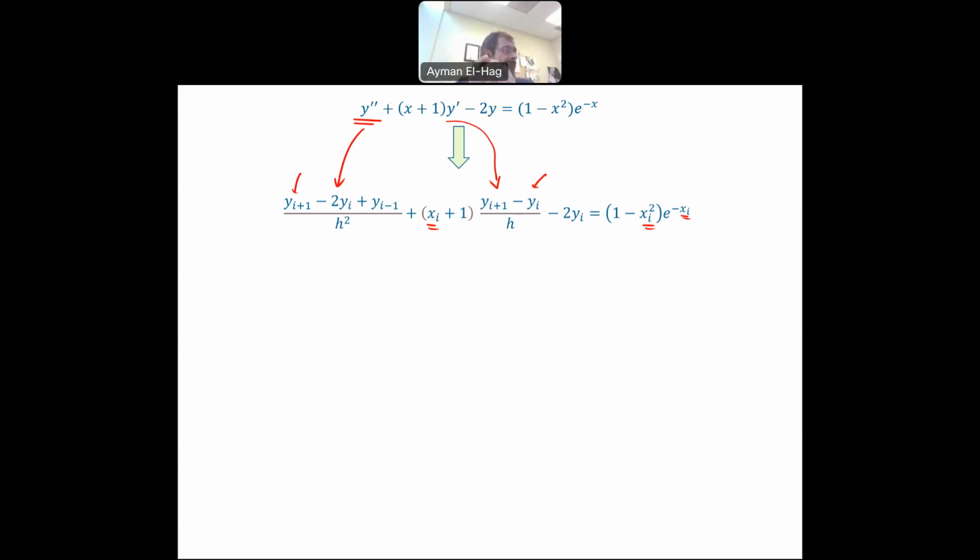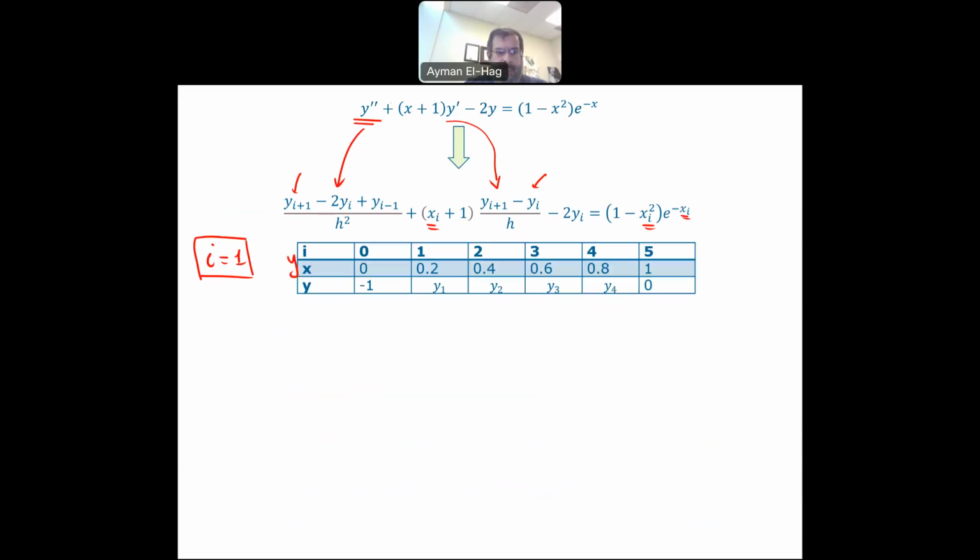We need to create 4 equations. So we start with i equal to 1. So this is my first equation, i equal to 1. Let me have the previous table here.